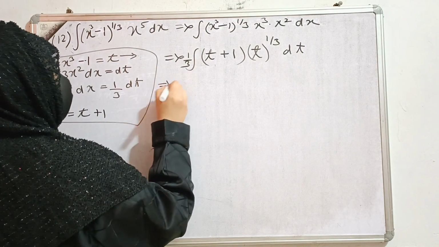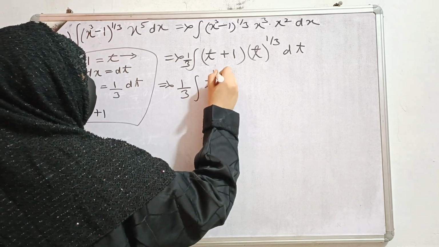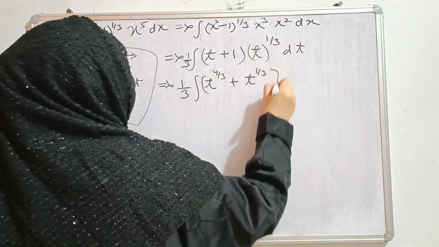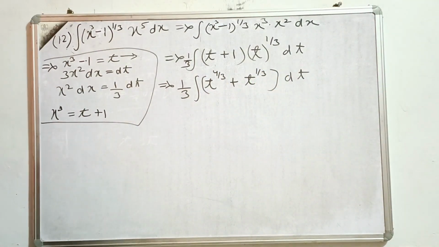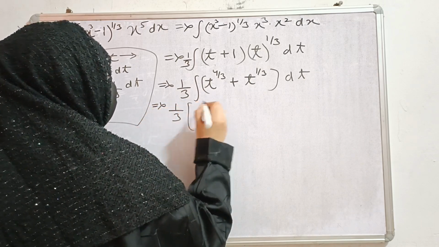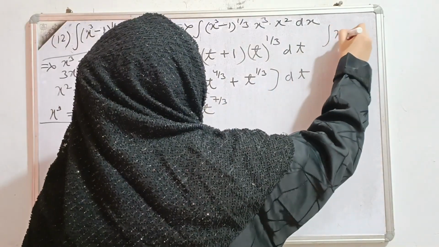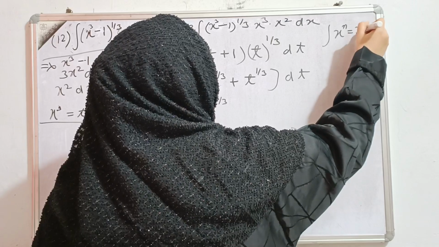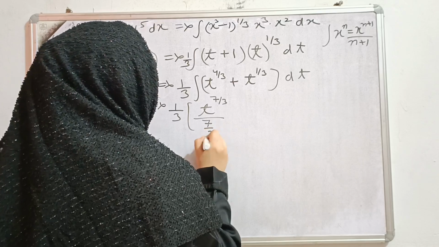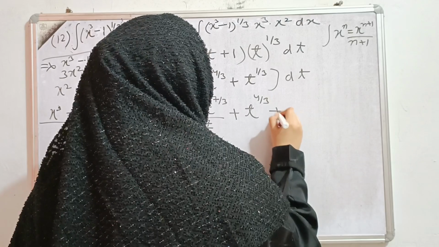Now multiplying this bracket, we get 1 upon 3 times the integral of t power 4 upon 3 minus t power 1 upon 3 dt. Now we integrate this, we get 1 upon 3 times t power 7 upon 3 upon 7 upon 3, by the formula that the integral of x^n equals x^(n+1) upon n plus 1, plus t power 4 upon 3 upon 4 upon 3, plus c.